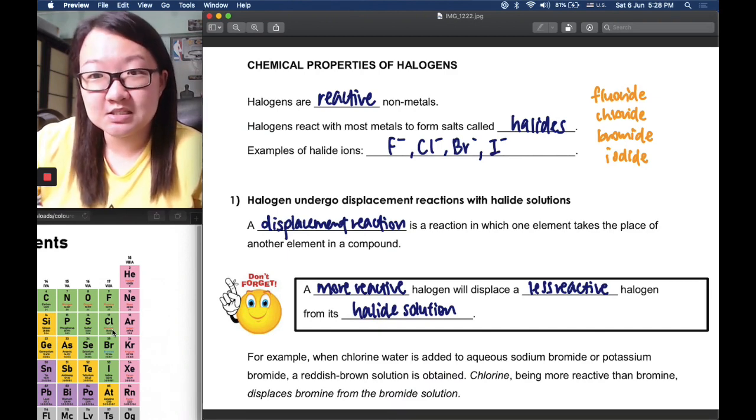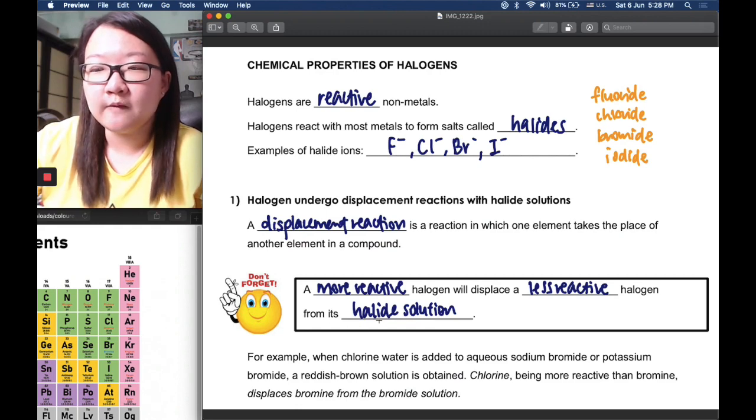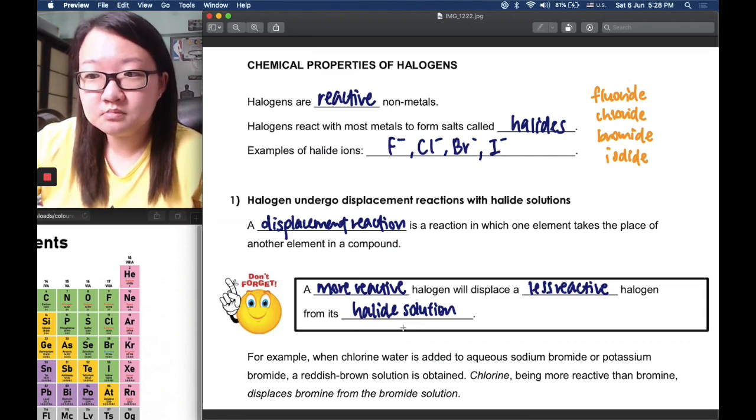This is very much like English: a less reactive halogen from its halide solution. In this example, the halide solution will be a chloride solution. Again, a more reactive halogen, in this case fluorine, is able to displace chlorine out of the halide solution, the chloride solution.